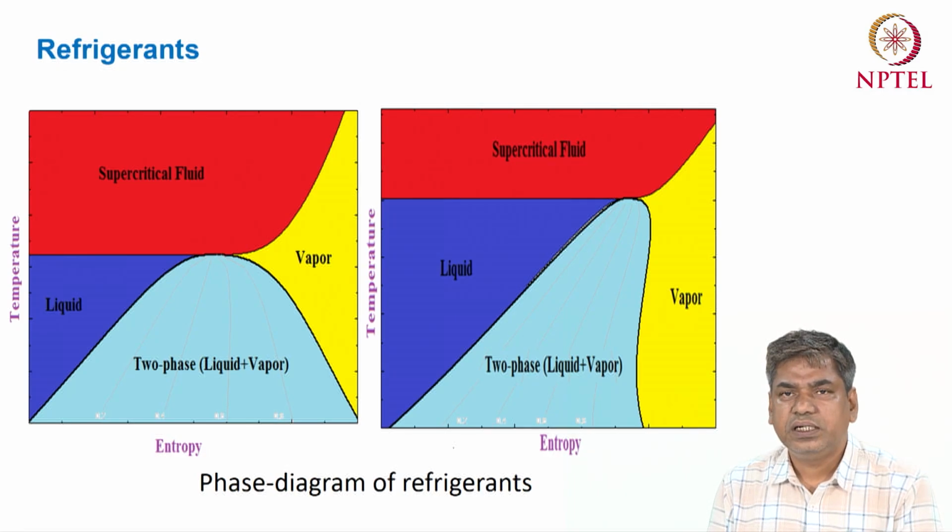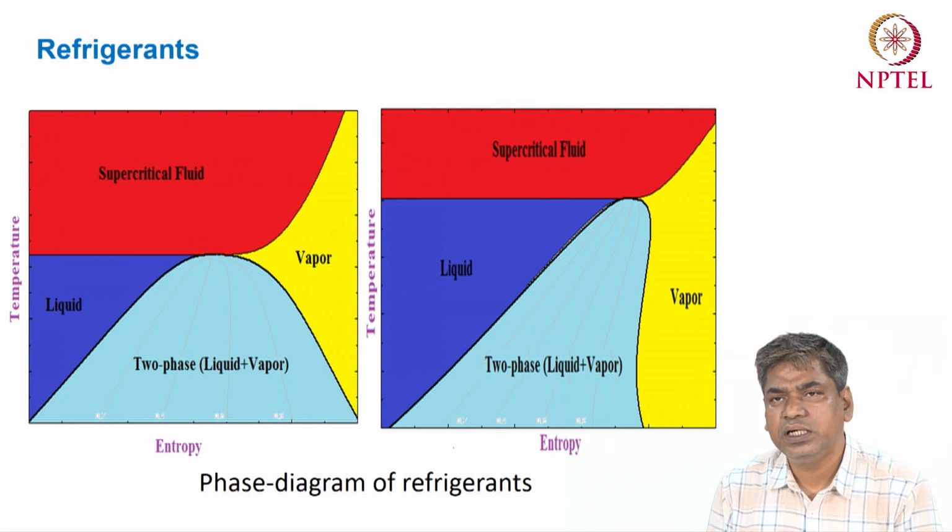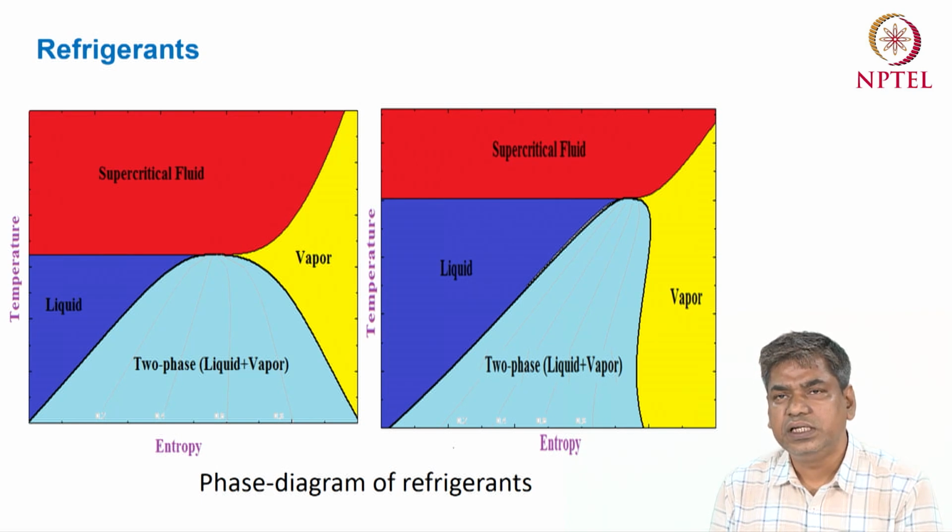So in case of the first figure, if the slope of the saturated vapor line is negative, then for any vapor zone, if you expand the fluid, you will see that it will come into the two phase region.